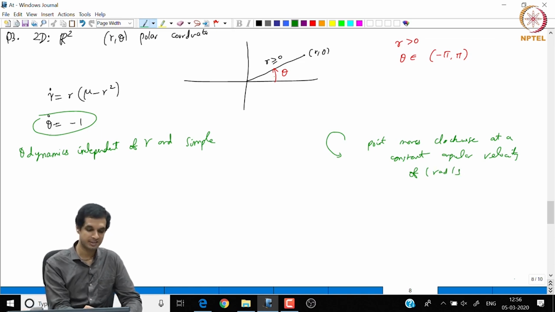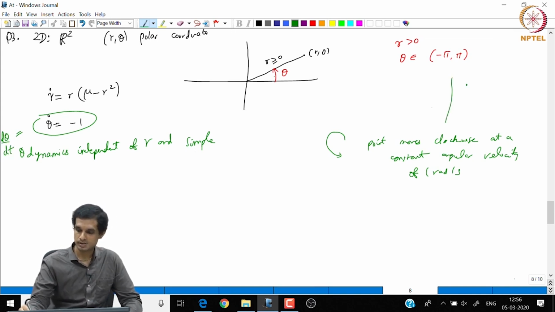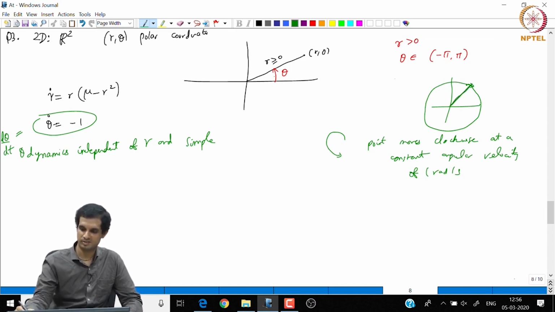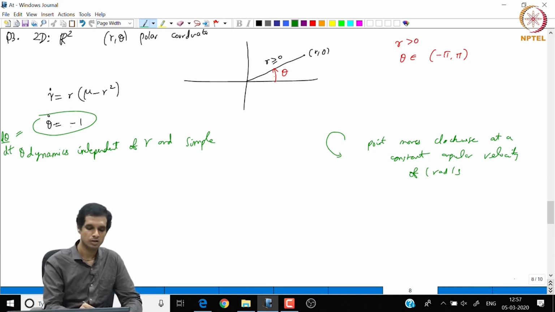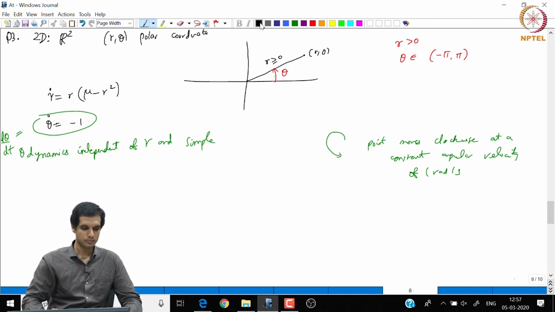The derivative d theta by dt is the angular velocity. So, wherever the point in R2 is, as far as the theta behavior is concerned, it will keep on moving around the circle. If you look at the projection of this dynamics on the circle, it will just move at a constant speed of 1 clockwise. That is what this equation is saying. It is the dynamics in r that is of real importance to us.